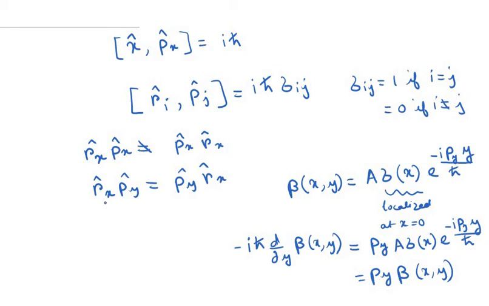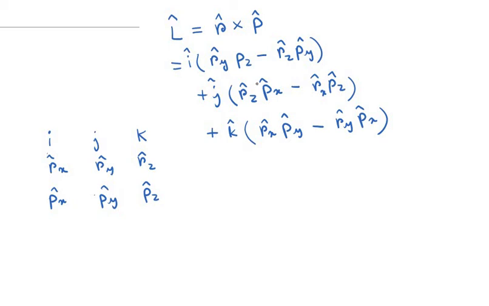We can measure the position of the electron in the x direction and simultaneously measure the momentum of the electron in the y direction, but we cannot simultaneously measure both position and momentum of the electron in the x direction. So the position and momentum operators in mutually perpendicular directions definitely commute. Let us go back to what we were doing.